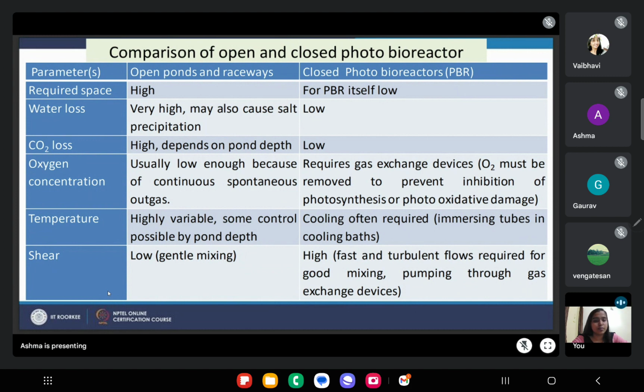But in a closed system, algae is producing oxygen, so we need some arrangement to remove that oxygen from the system. Otherwise it will inhibit the growth of algae.